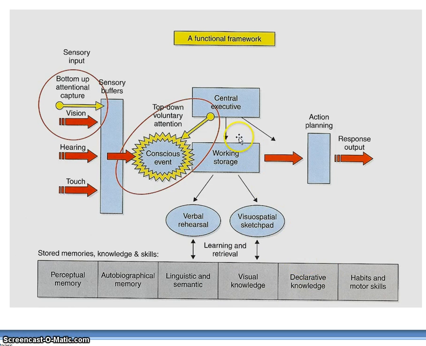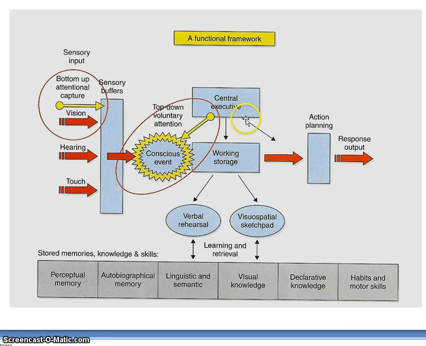Now, what is it that initiates the searches? For voluntary searches, it's the central executive. So if somebody asks you, what's the second highest mountain in the world? Well, you might not know that right off the bat. You might have heard it sometime in the past, so you might have to initiate a memory search. Central executive systems are responsible for that type of thing as well.